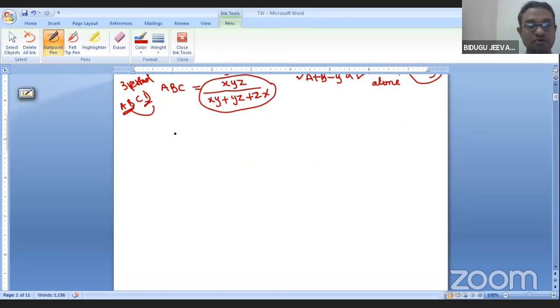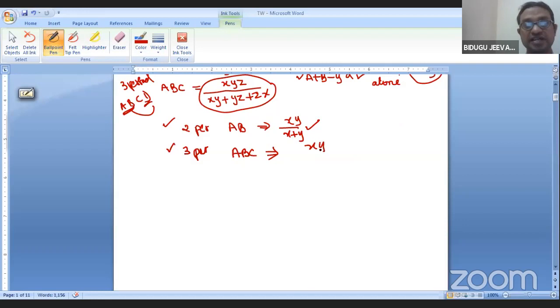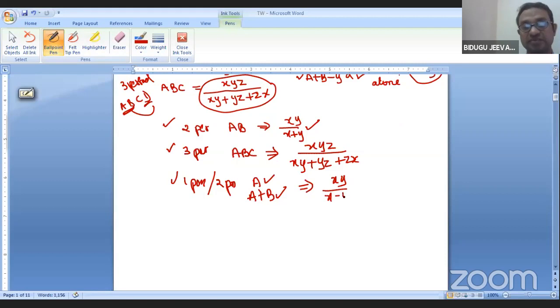Let me explain once again the rules. 2 persons together: xy by x plus y, this is the rule. 3 persons together, A, B, C: the rule is xyz by xy plus yz plus zx. 1 person and 2 persons, like A is given, A plus B is given: the rule is xy by x minus y. It is also similar to pipes and cisterns.